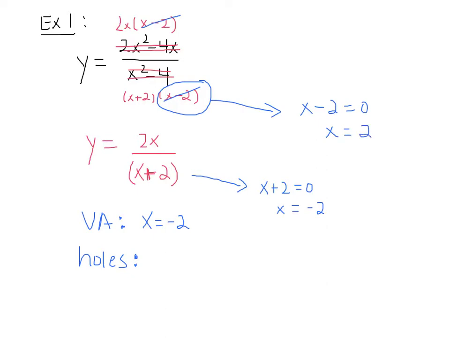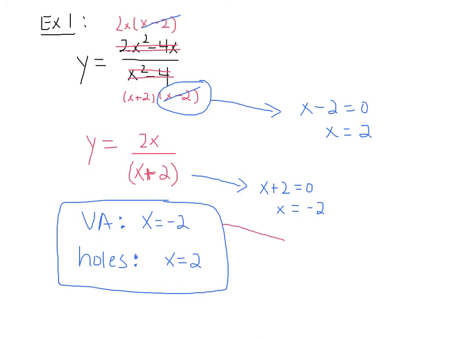So I'm going to have a hole at x equals positive 2. Okay, so here are the places that my graph is discontinuous. Remember that the vertical asymptote comes from the denominator. I'm just going to put denom to save space. And then just remember that the holes come from anything that's canceled. In this case, the x minus 2 was the one that was canceled, and so that's where I'm going to have a hole.